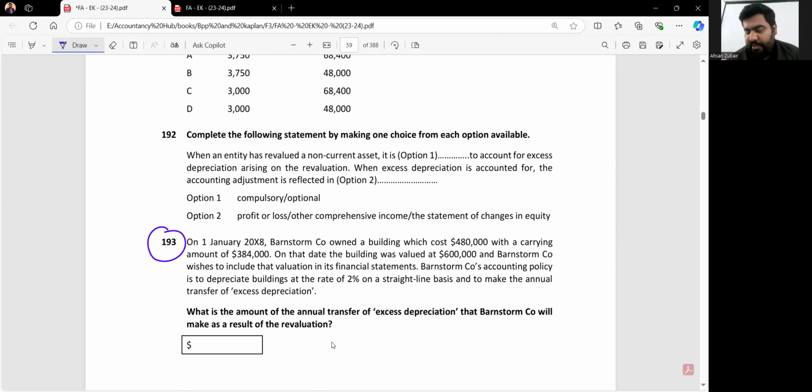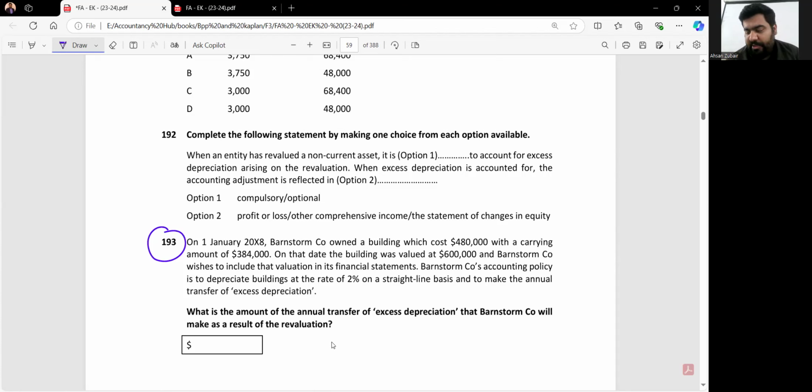Okay, so I've checked that this question is correct. Let us do it. The first cost was 480,000, and the carrying amount was 384,000. So accumulated depreciation was obviously 96,000 up to this point.